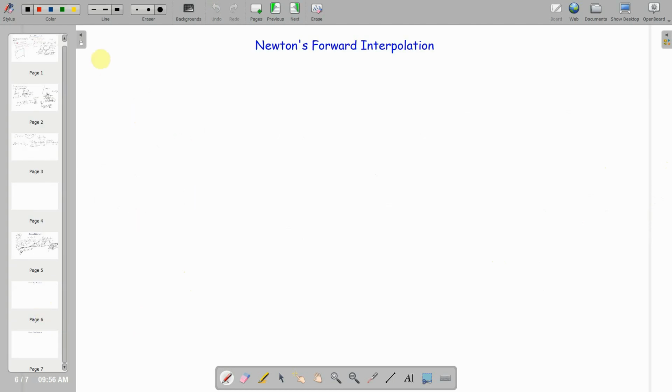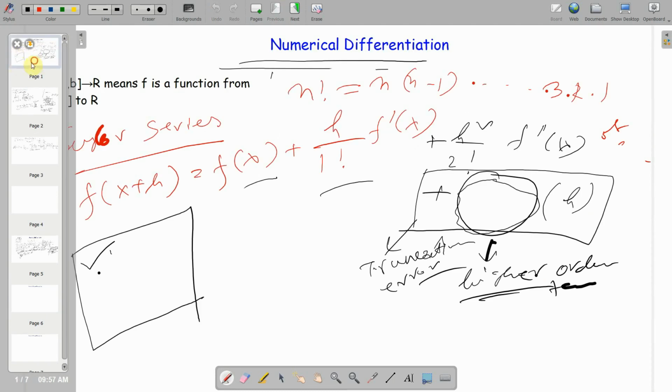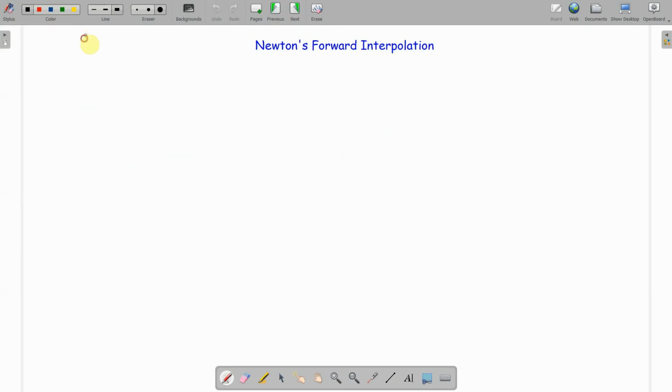Now, what do we mean by Newton's forward interpolation and Newton's backward interpolation? Let's consider a function y equals f(x), and f(x0) equals f0. To simplify my writing, I'm simply writing f(x0) equals f0.